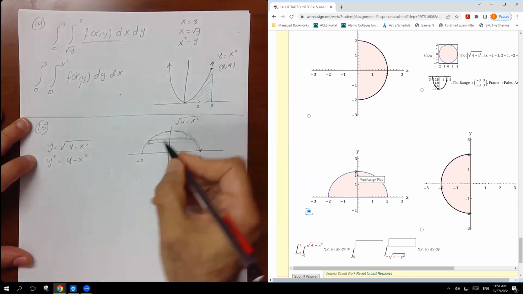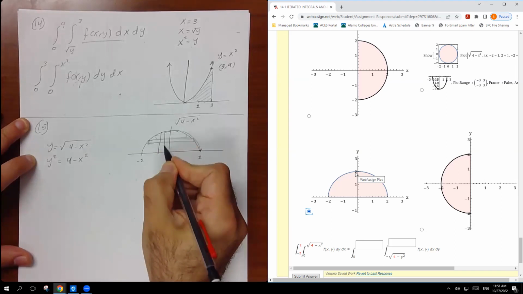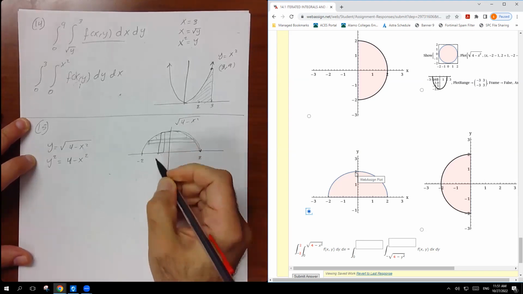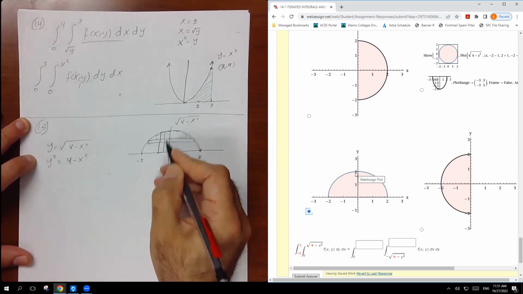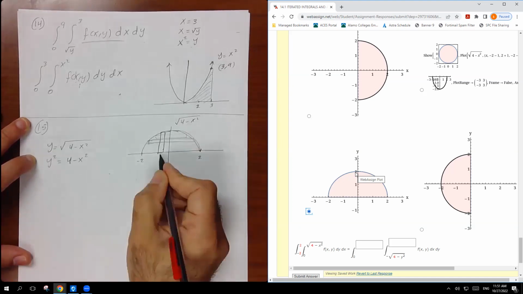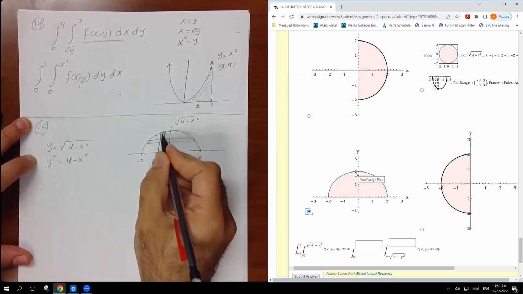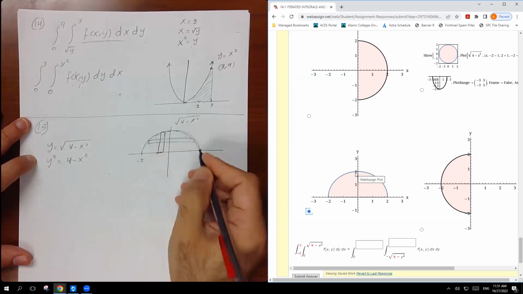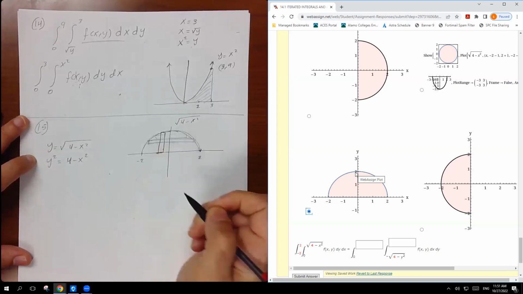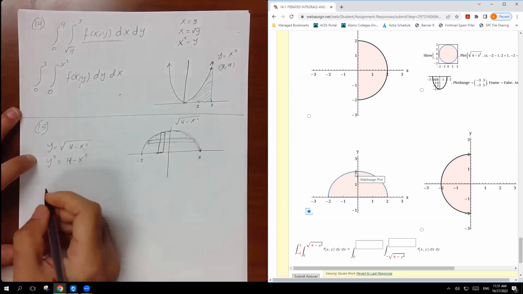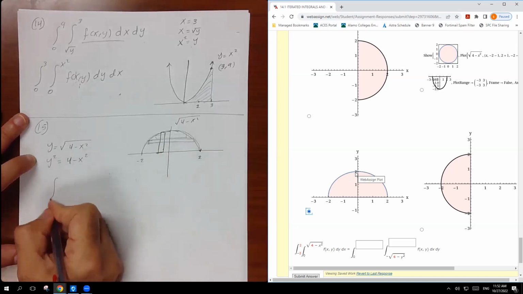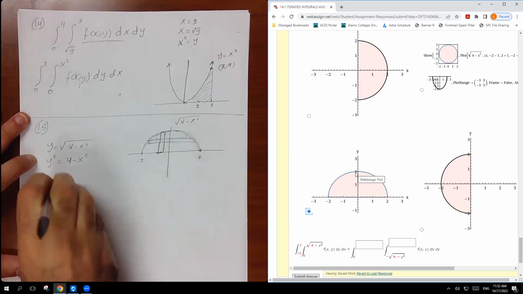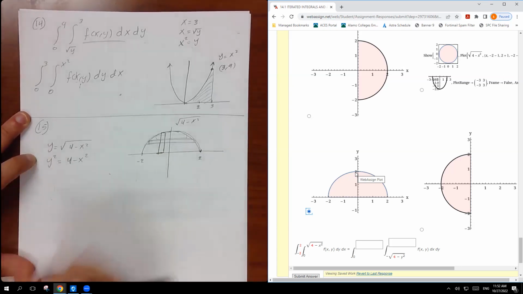Now, if you take here the opposite thing, our border is going to be different. So we have to find here to here and keep going to this curve until from -2 to 2. So it's going to be the integral from, let's do it here because I need to keep going and find the x here.